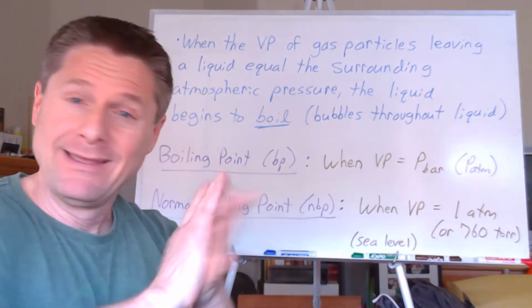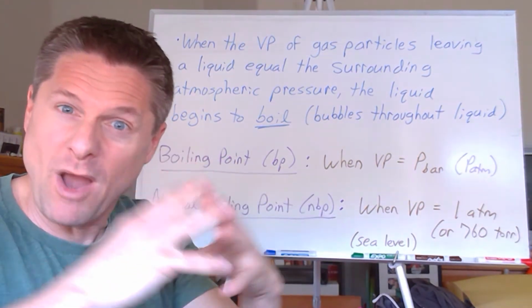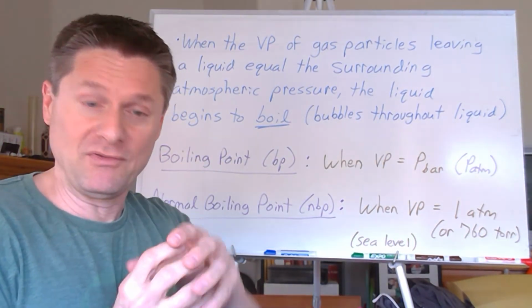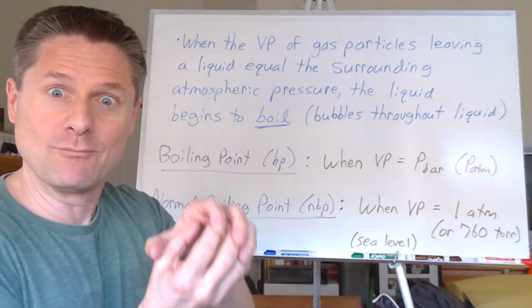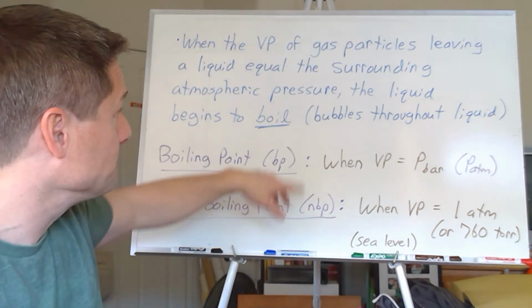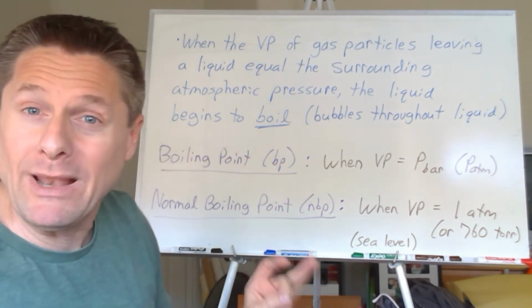Right below that, any bubbles that try to form get collapsed because the vapor pressure is lower than the pressure of the water pushing against it. But at this point, the vapor pressure in those bubbles is such that they're not going to collapse, so they rise up through the liquid and pop at the surface, and off they go, right? They're less dense, of course, that's why they rise.